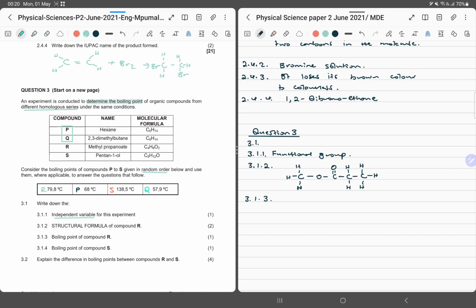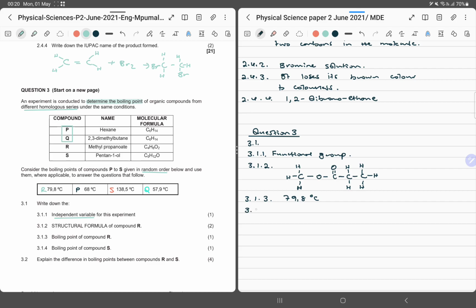Sorry that I did not inspect that quickly. So it says now the boiling point of R should be the 79,8 degrees Celsius, because it is the second highest boiling point in this series of organic compounds.